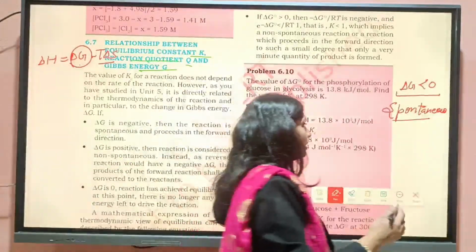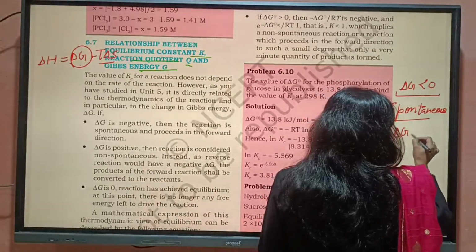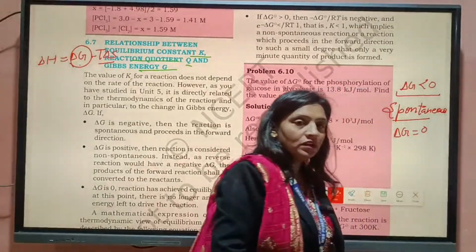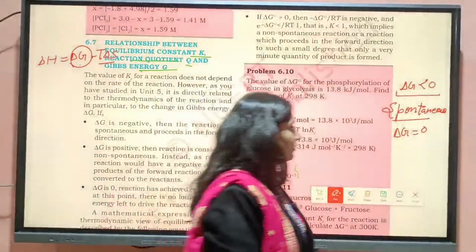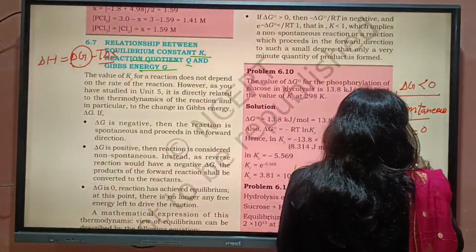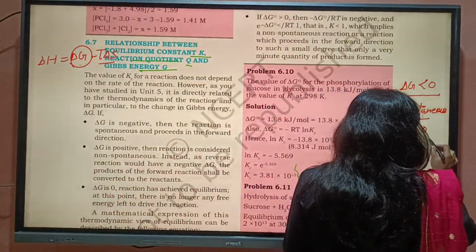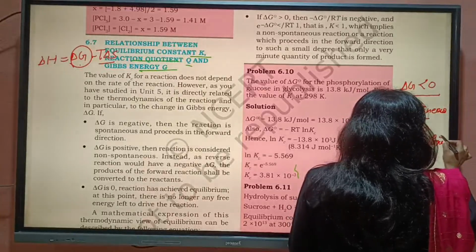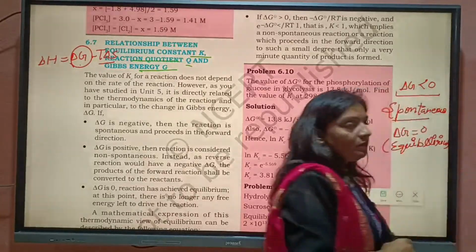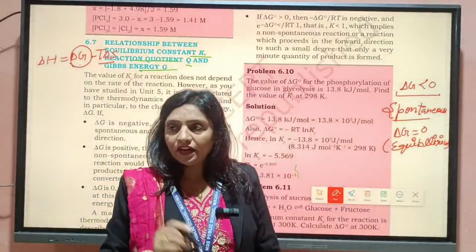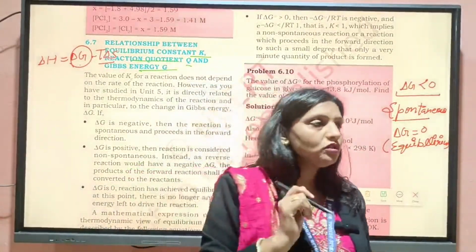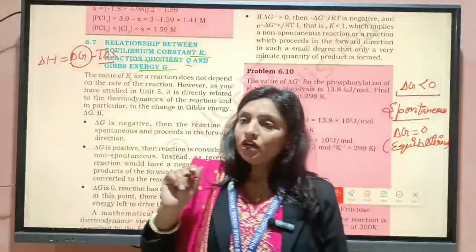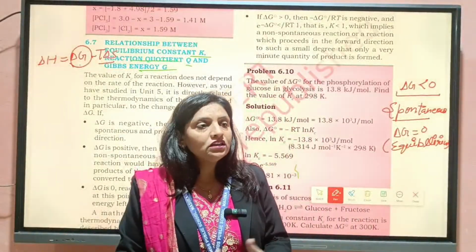Clear or not? Then if del G equals 0, then this process will be at equilibrium. Now you all know very well what equilibrium is. Equilibrium is the state at which the concentration of reactant and the concentration of product are both the same.